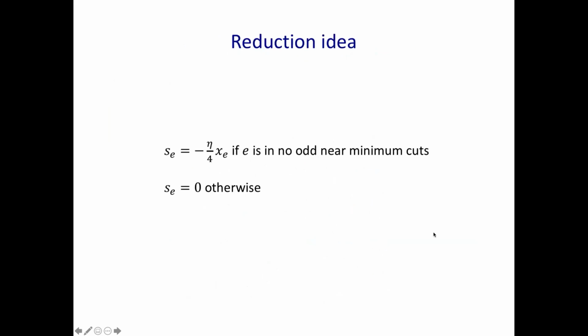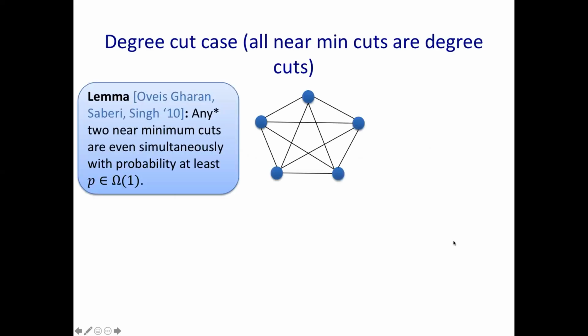So given this, first let's try the following natural idea. Set an edge's slack to be minimal if it's in no odd near minimum cuts, and otherwise set it to 0. This is obviously feasible, but can it generate enough gain? This strategy actually works in a simple case when the only near minimum cuts of the graph are the degree cuts.